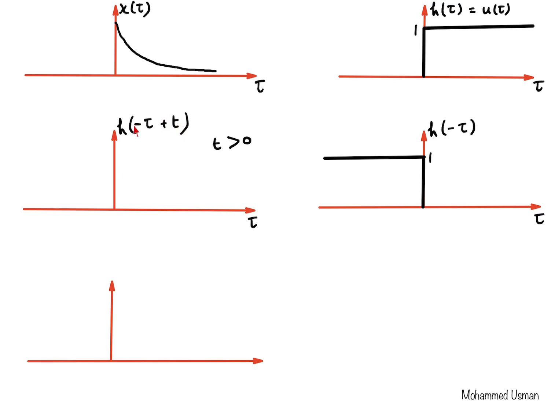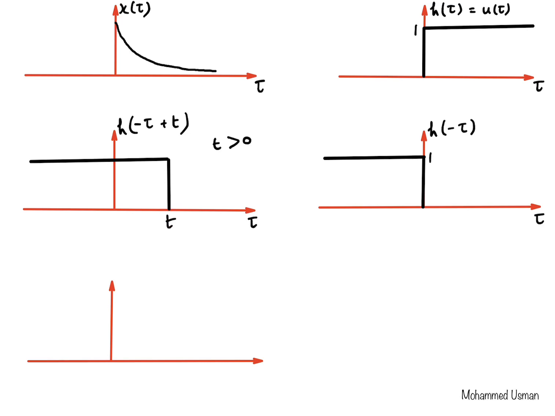Plus usually means left shift, but in this case, because the time axis is already reversed, it's going to be a right shifted version of what we have at minus tau. So for t greater than 0, we'll have it like this. It will be shifted to the right by an amount t, depending on its value.